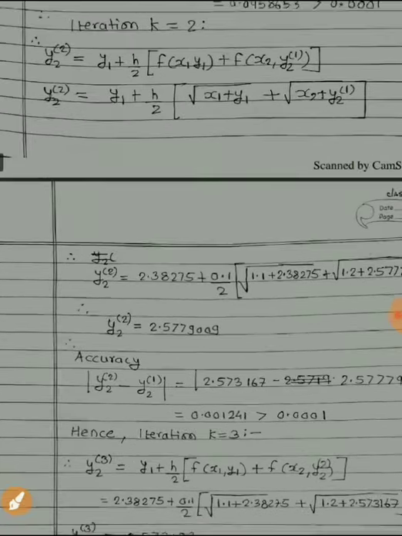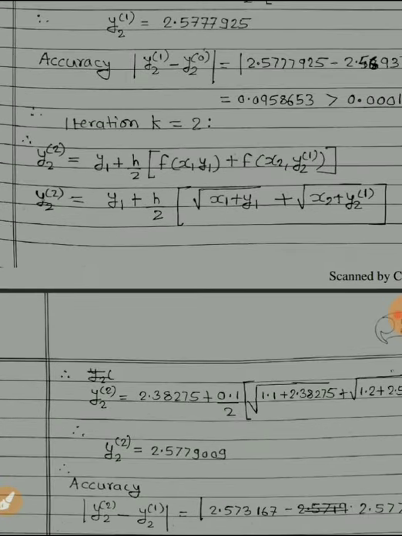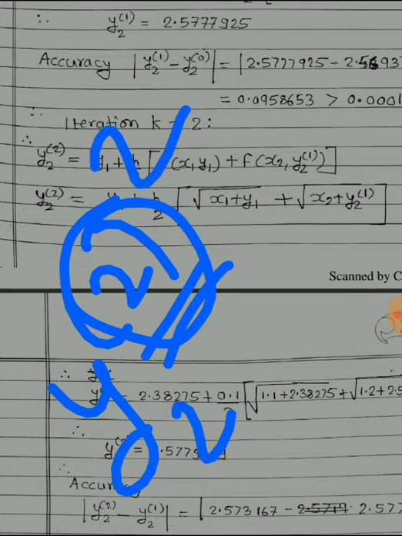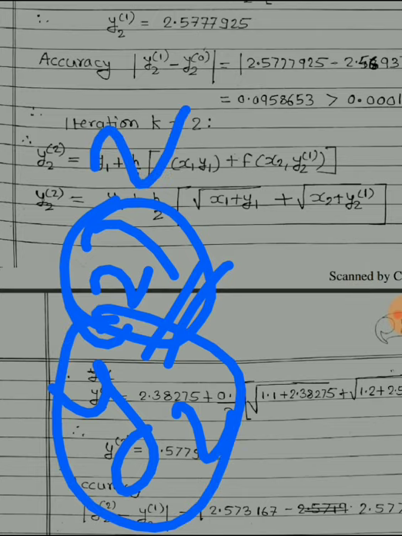y2 raised to power 2. This represents that this is the second iteration, meaning the second time we are correcting the value of y2.